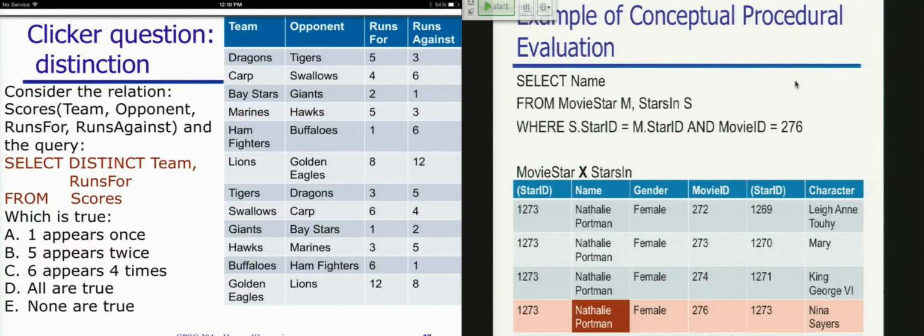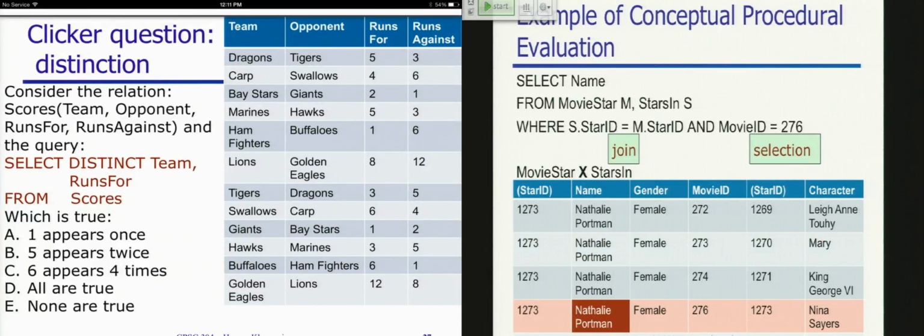For example, let's say you want to find the name of movie stars that play in movie ID 276. Basically, you're just saying that this is what I want. I want the star ID of people that are inside that movie. Now, when the optimizer looks at this query, it says, well, I have two options.